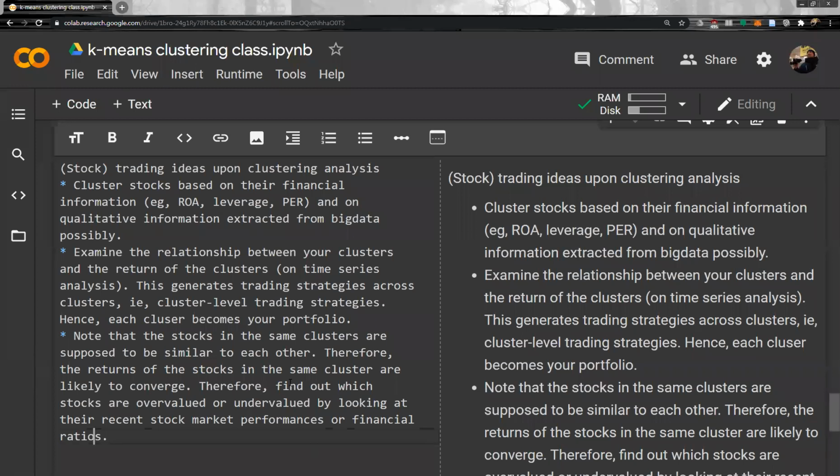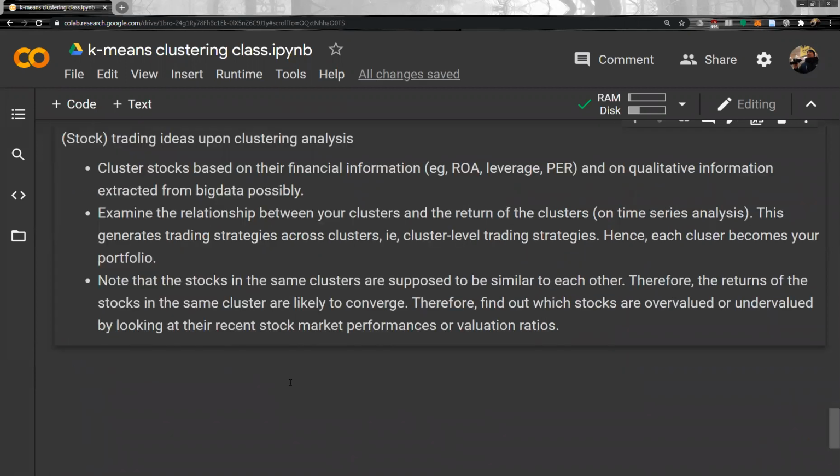Or valuation ratios. So if stocks are in the same cluster, since they are similar, they should converge in terms of valuation. So to find out which stocks are overvalued or undervalued, we can look at their recent stock market performance or valuation ratio.